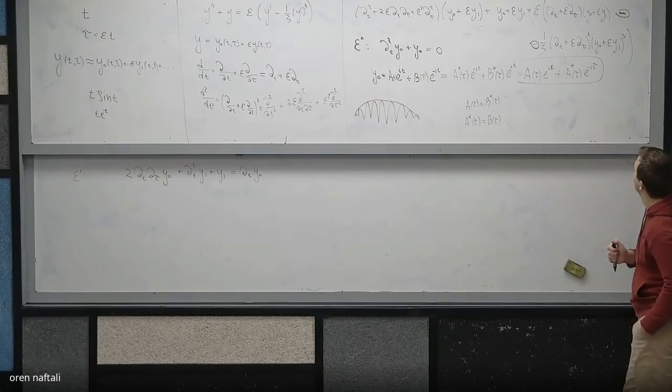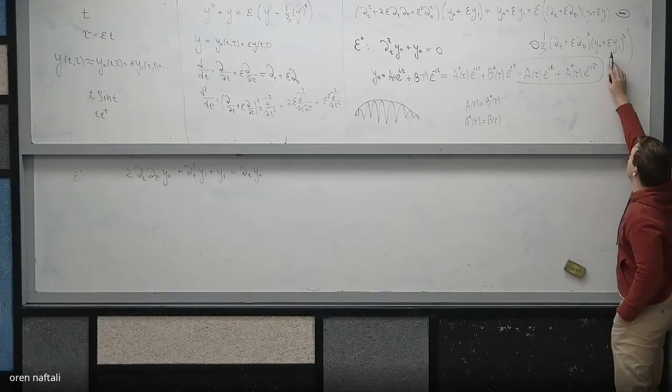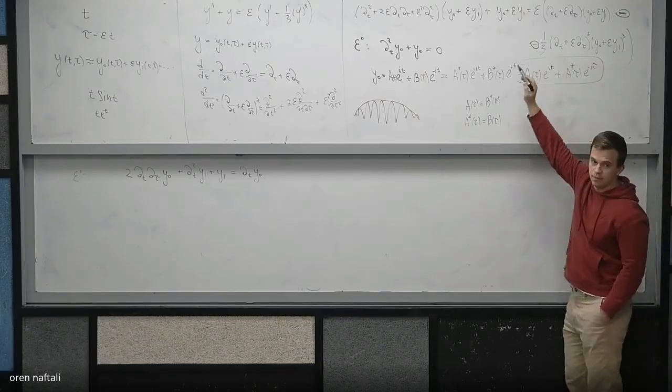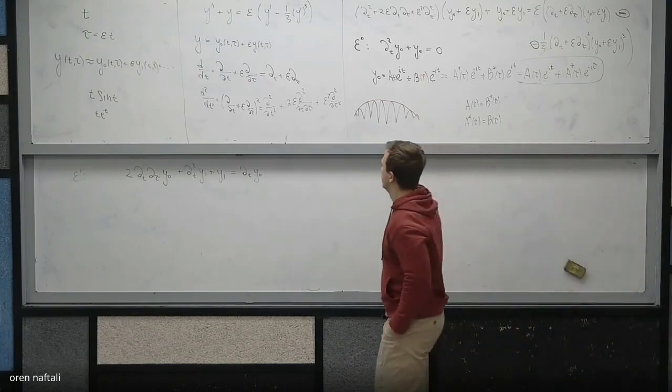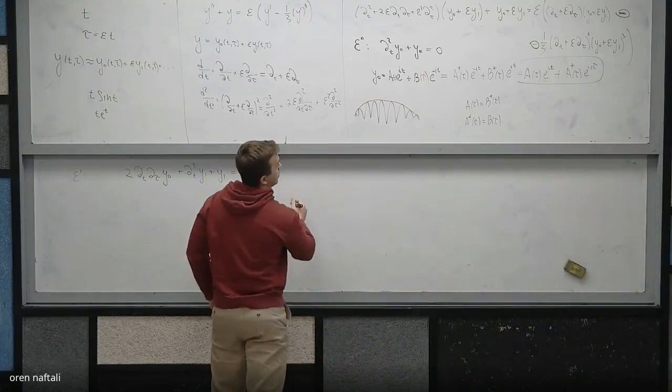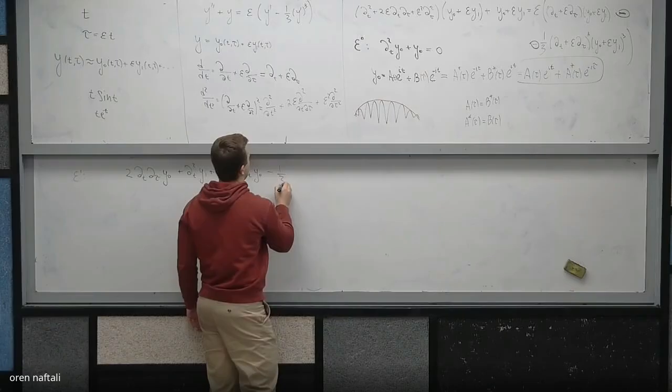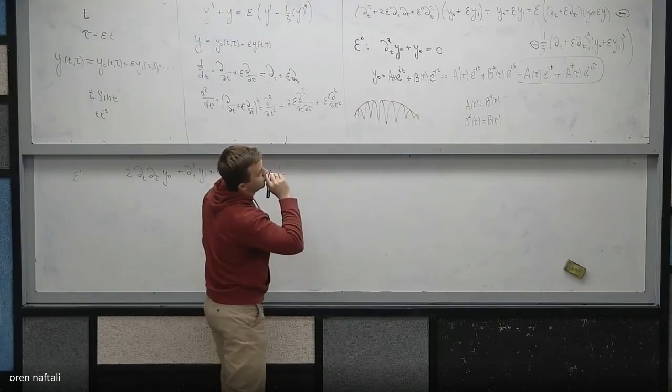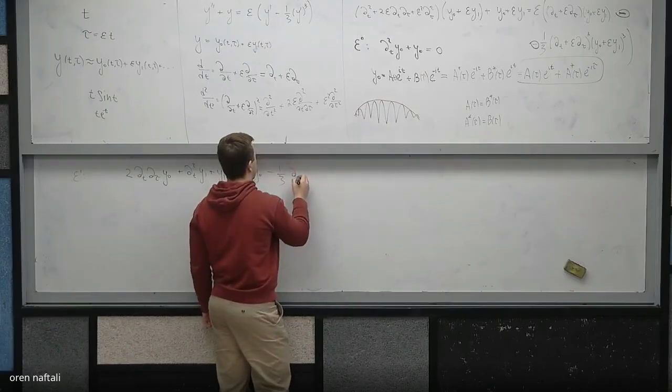So you also have the 3 y naught squared epsilon y1, but it will be epsilon squared. So that's why just minus 1/3 d y naught cubed.